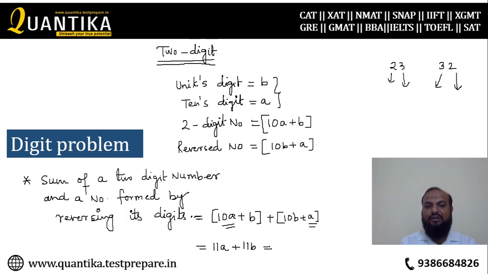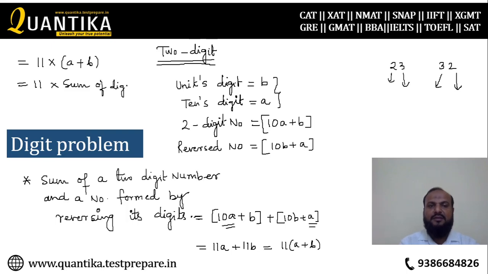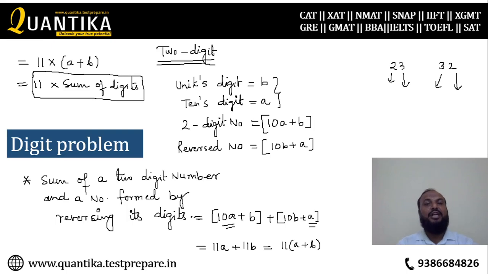When you take 11 common, it becomes A plus B. Now, this should be written as 11 into A plus B. What is A plus B? A plus B is the sum of digits. So it is 11 into the sum of digits.